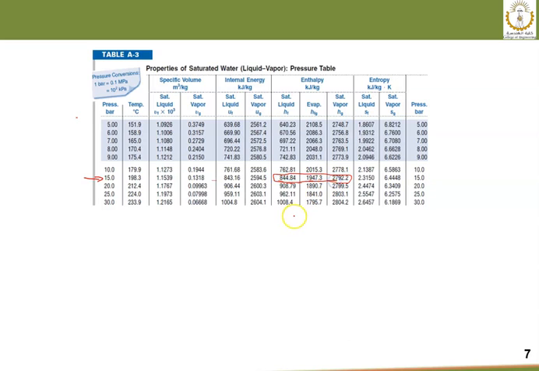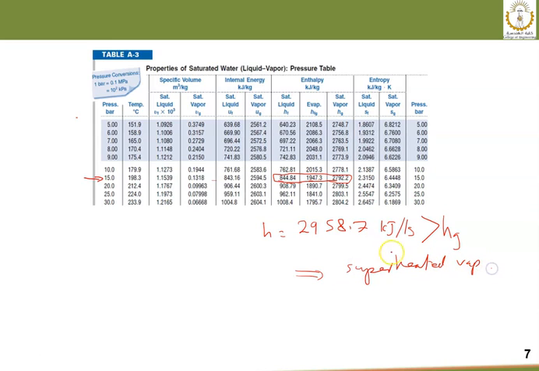Our value is h equals 2958.7 kilojoules per kilogram. You see, it is greater than hg. Therefore, we are in the superheated vapor region because h is greater than hg.